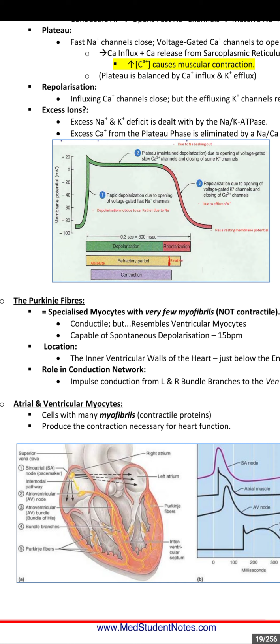They contain many myofibrils, a larger number than the Purkinje fibers.